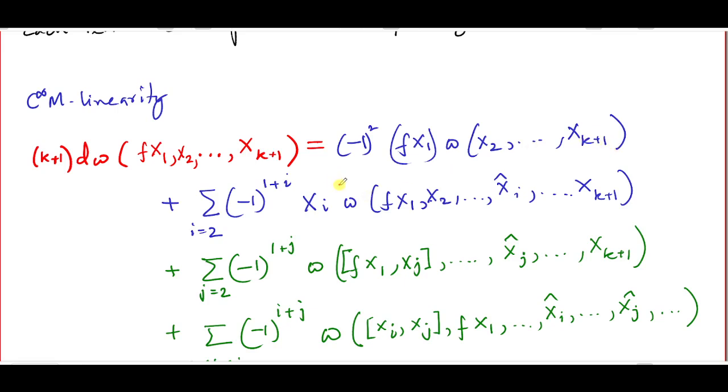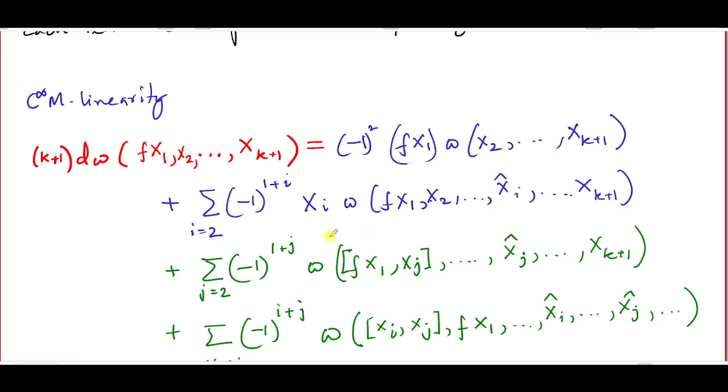Then you have another piece, in fact the rest of the sum, where the sum is over i running from 2 to k plus 1, which means f times x1 is the very first argument sitting in the argument list of omega, and the ith xi has gone missing from this argument list and is instead acting upon the result of omega acting on fx1, x2, etc., all the way up to xk plus 1.